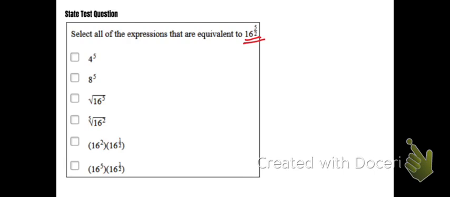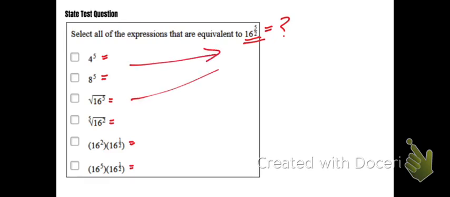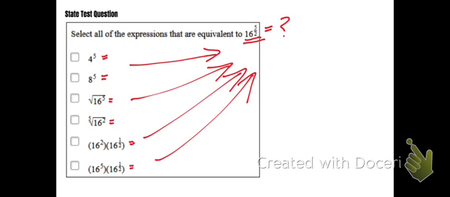See what that equals. If you see what that equals, they want to know which of these also equals that number. So you want to put each of these into your calculator and see what they equal. See which one equals the same thing as this, is equivalent to this.